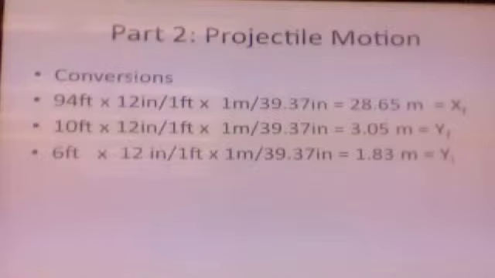3 of our givens were in feet, so we need to convert them to meters by using the conversion factor that 1 meter equals 39.37 inches. After our calculations, we found that x final equals 28.65 meters, y initial equals 1.83 meters, and y final equals 3.05 meters.